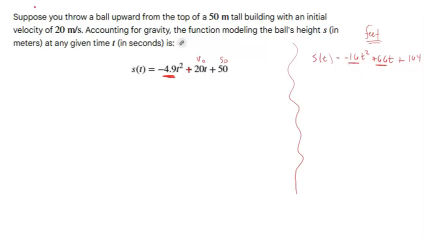And 50 meters is roughly 164 feet. And this is the model an object will fall at if you throw it off a 164-foot building, throw it up in the air at 66 feet per second. Its position will be determined by this function if it's in a vacuum. Doesn't matter what the mass of the object is.